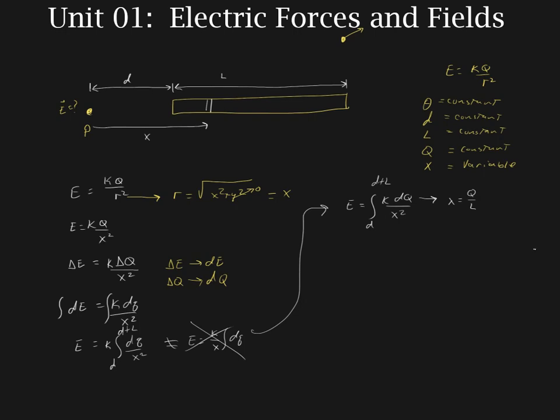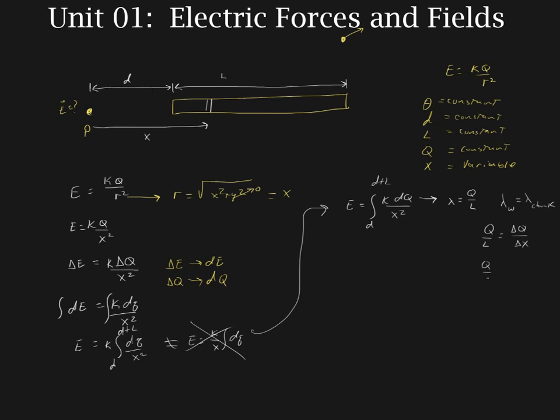We also know that lambda for the whole thing is equal to lambda of the chunk. Lambda for the whole thing is defined as Q over L. Lambda of the chunk is defined as delta Q over delta X. And we said that taken in the limit, the deltas turn into d's for differentials.